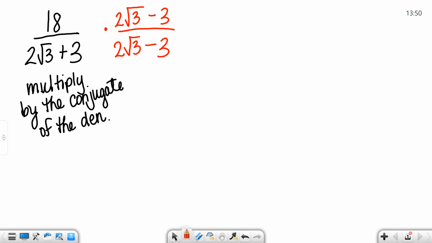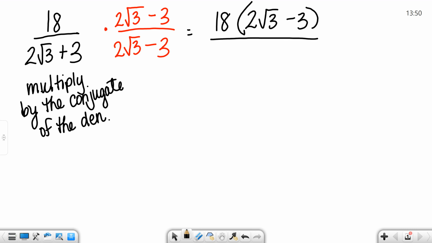All right, so now we multiply. So I'm going to distribute this 18 times 2 on the square root of 3 minus 3. And in my denominator here, I'm going to go ahead and multiply.